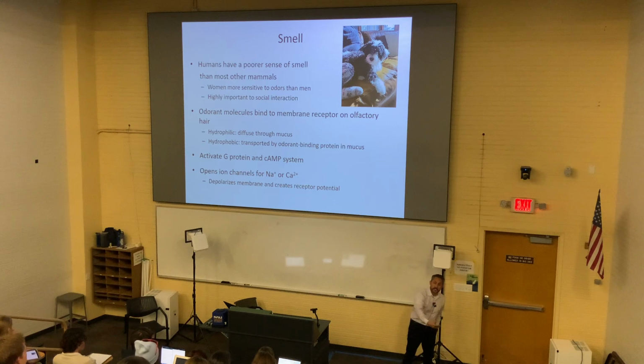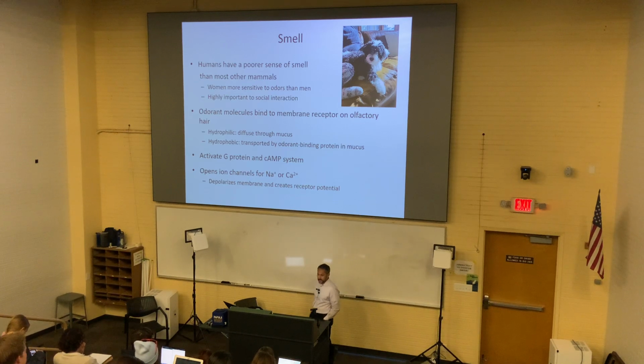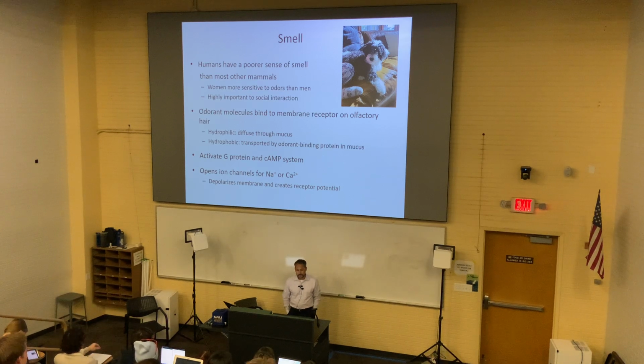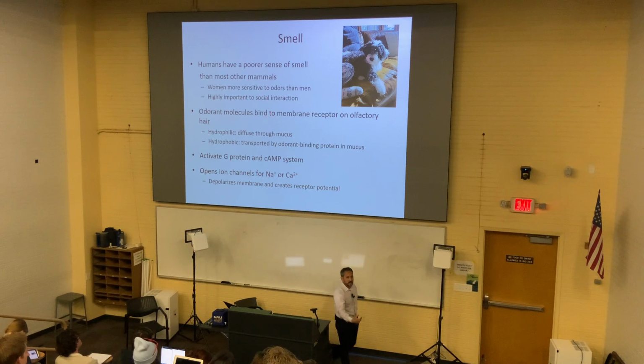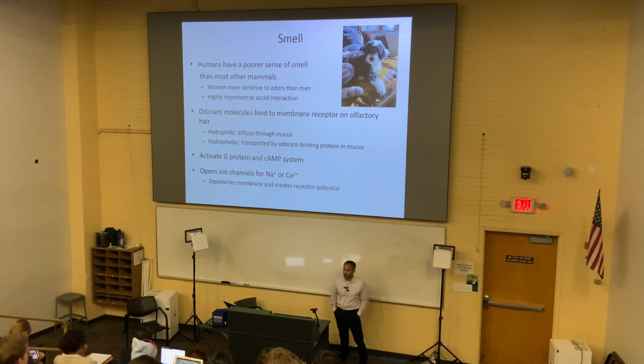That's a second messenger system inside of the cell. And that opens the ion channels using sodium or calcium and depolarizes the membrane. So there is no direct depolarization like what you saw in taste. That's one of the big differences. It's using a second messenger system with olfaction.